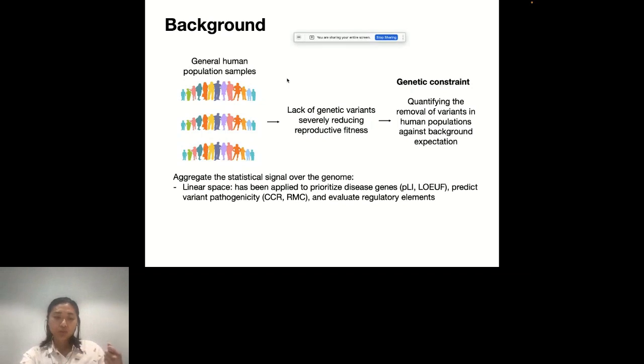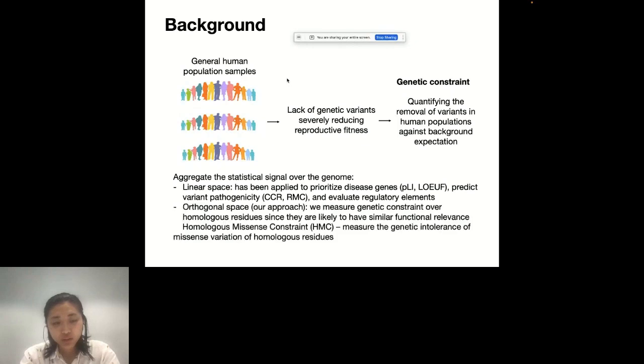However, since we don't have the power yet to evaluate constraint at single nucleotide level, we have to define a set of variants and aggregate the statistical signal over the set. For all these popular methods I just mentioned, they aggregate the signal over the linear space of the genome.